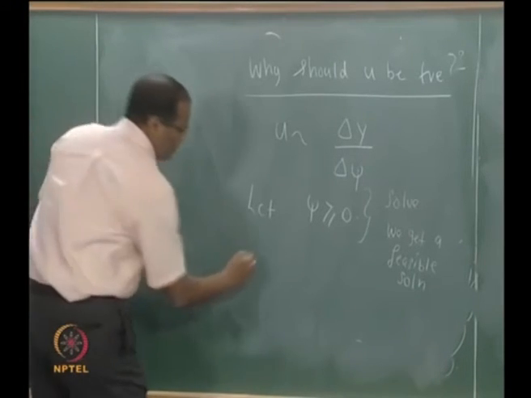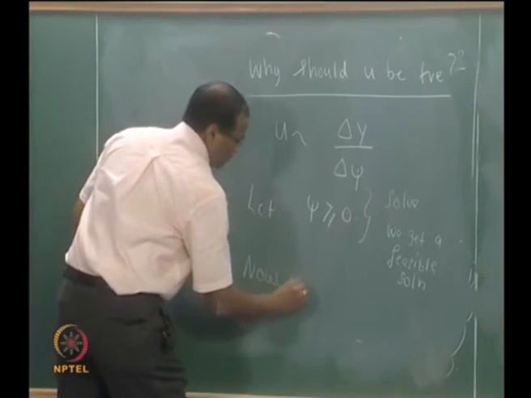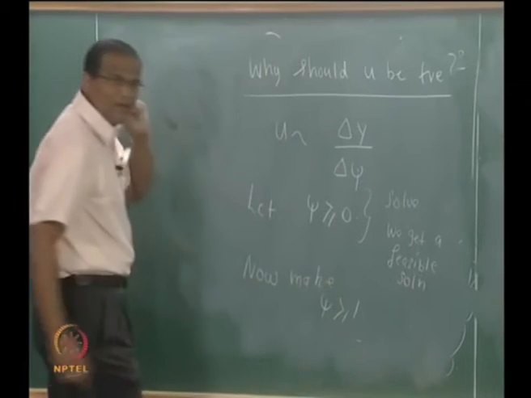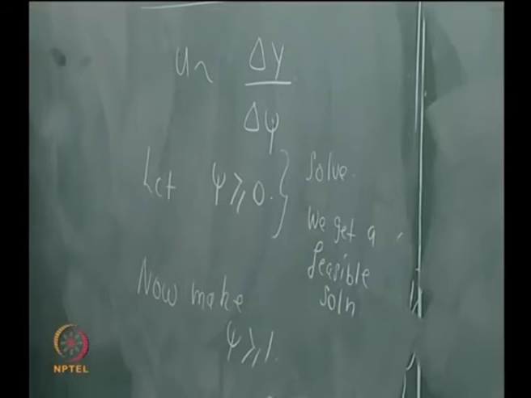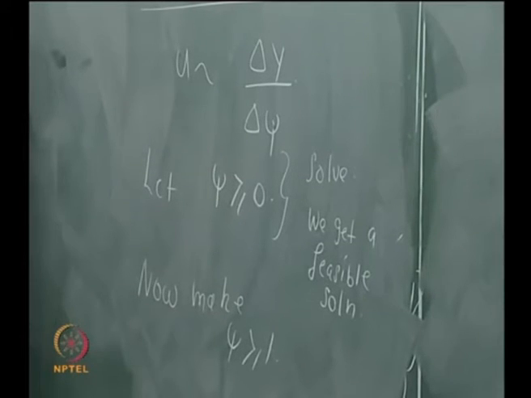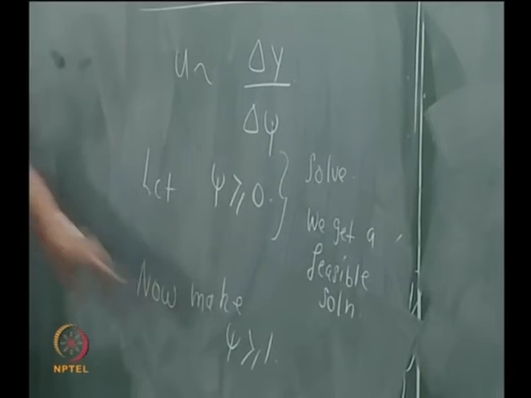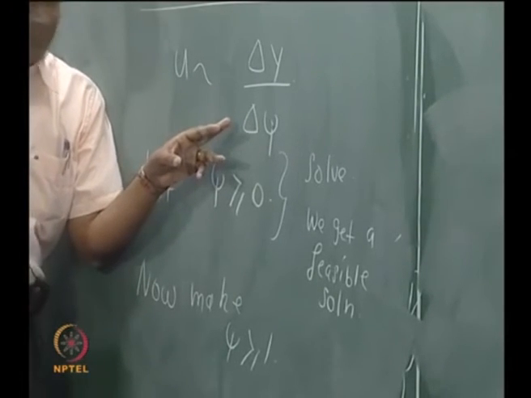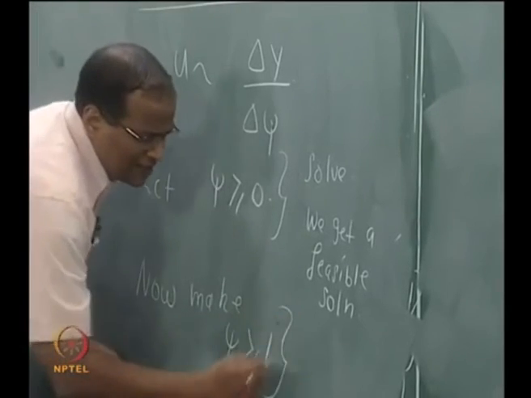Okay. Now what does it mean? Now I make psi greater than or equal to 1 and solve the problem again. So what I have done is I have essentially made del psi positive. When I have done that, the feasible region is reduced.